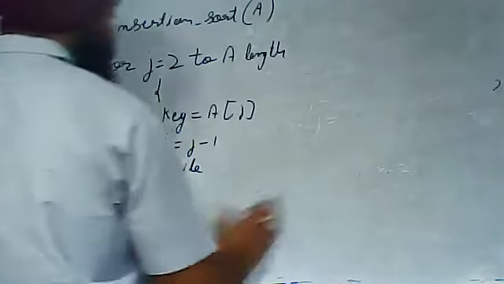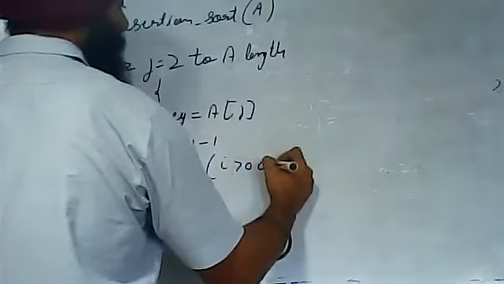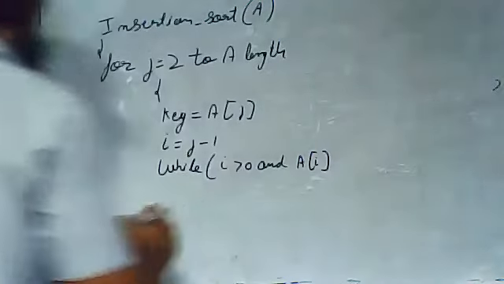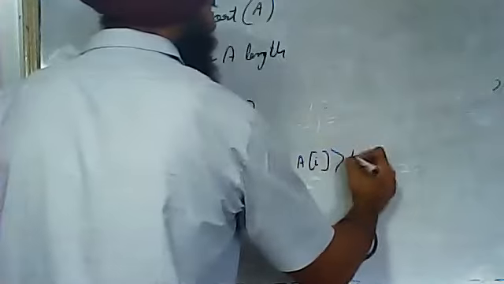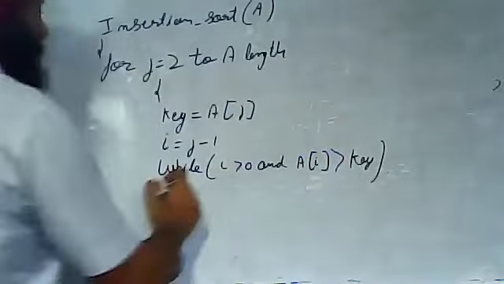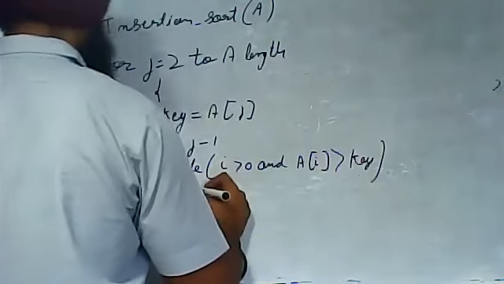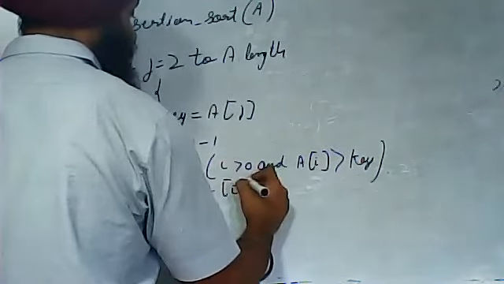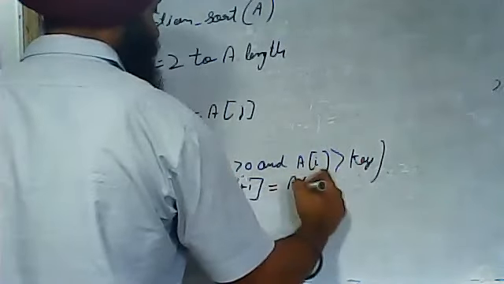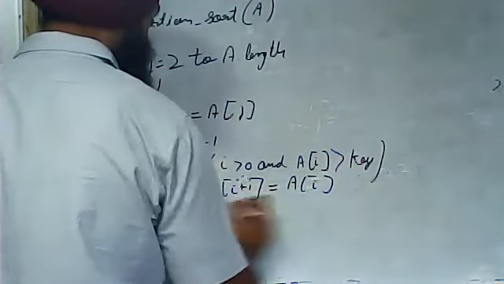A while loop, where i should be greater than 0, and there is a condition in it: A of i should be greater than key. These two conditions must be true to enter this while loop. After entering it, we'll move the value A of i to A of i plus 1, and then i equals i minus 1.